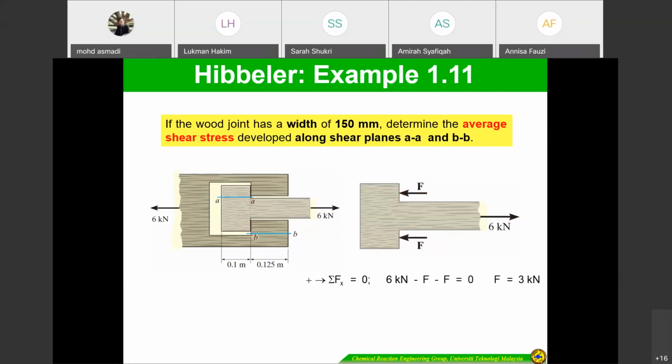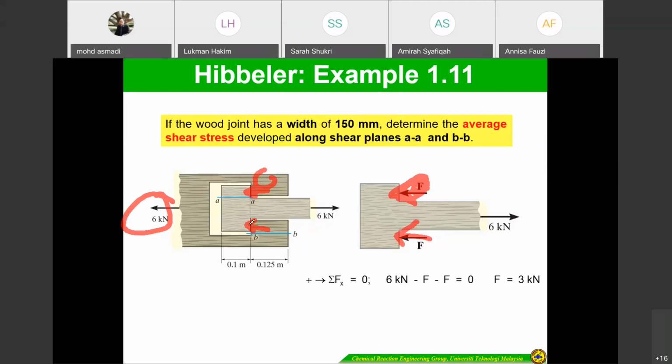Because the force is acting on the section AA, due to the force here, it tends to go in this direction. We pull, and this one tries to hold, of course with the force in this direction. This one is acting on the section AA.